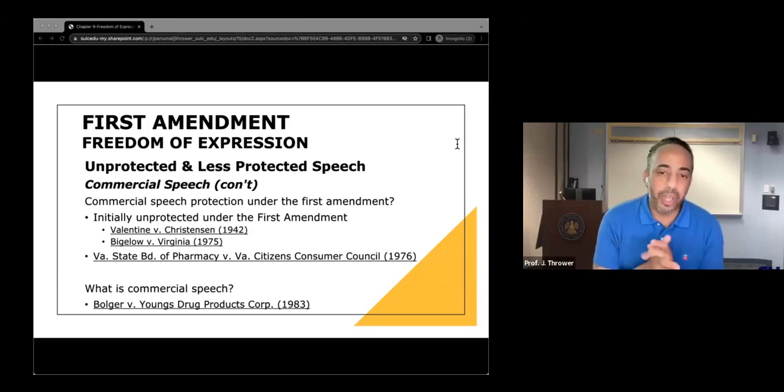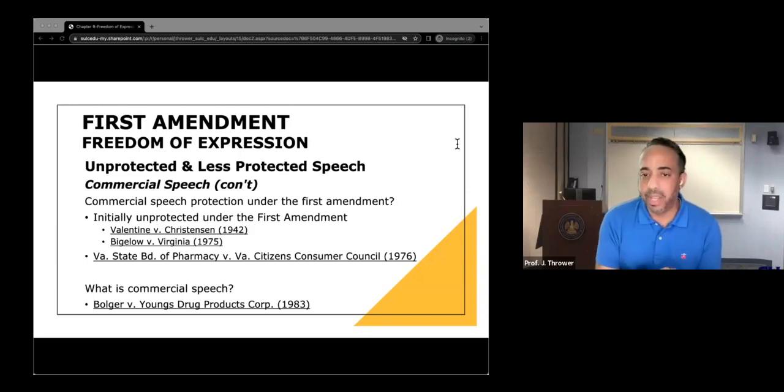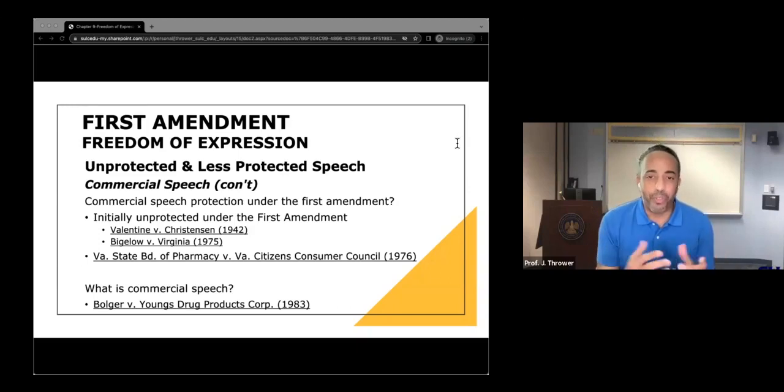A few years prior to Bolger, however, in the Central Hudson case, the court said that commercial speech was an expression related solely to the economic interests of the speaker and its audience, right? And so that kind of talks a little bit about that third piece of how Bolger came to define commercial speech, and that is that the advertiser has an economic motivation for the speech.